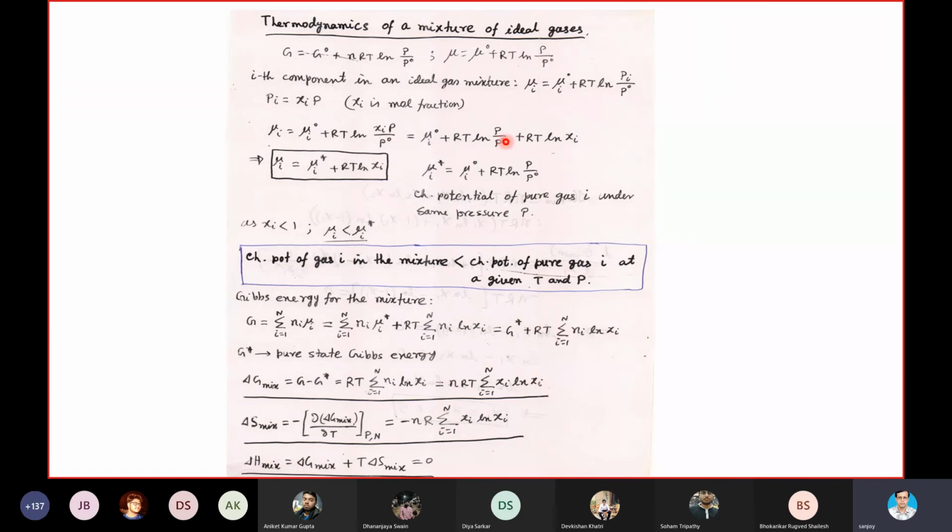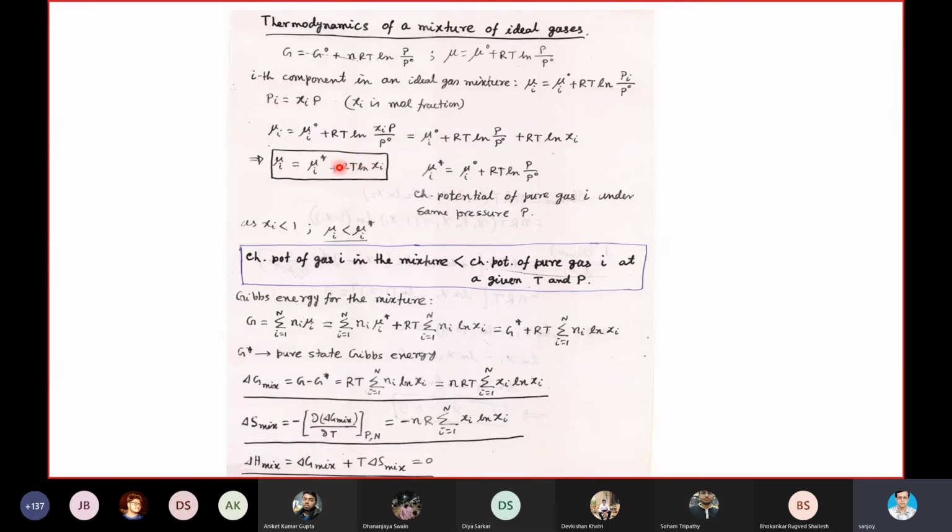And from there, this essentially represents the chemical potential of the ith component in its pure form at the same pressure as that of the mixture, that is P. So the whole thing is that of the pure state of that component. So in the mixture, the chemical potential is simply the pure state chemical potential, which is appended by this term.